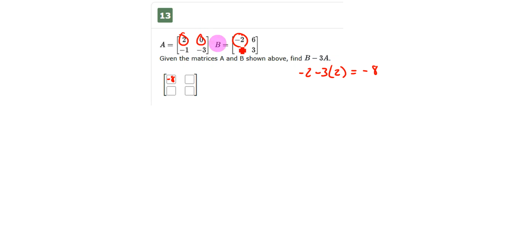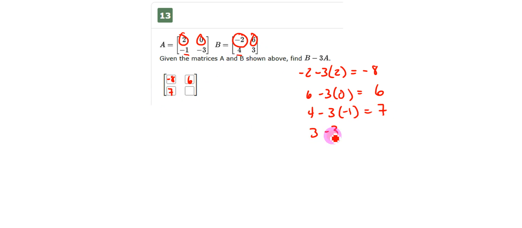Then you do 6 is B, minus 3 times 0. So that is 6. Then you're going to do 4 minus 3 times negative 1. So that's 4 plus 3, 7. And then do 3 minus 3 times negative 3. That should be 3 plus 9 is 12. And there you go.